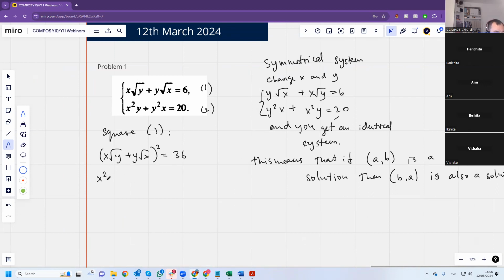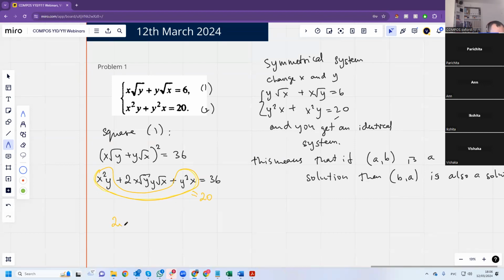So that's x squared y plus 2 x square root y square root x plus y squared x equals 36. And somebody's noticed that this part is equal to 20 because it's already given to us.